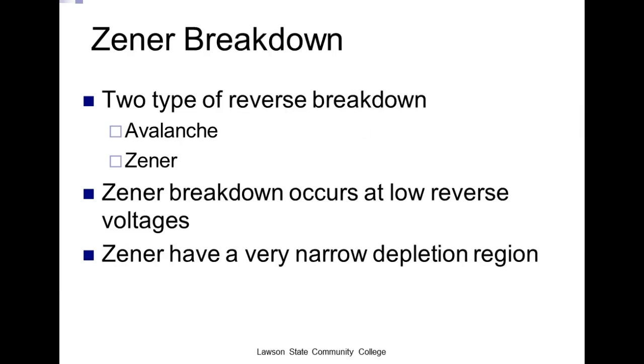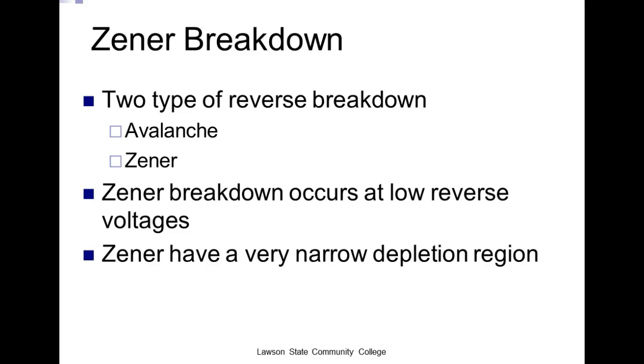I understand that from the two types of reverse breakdown. We have avalanche, which is bad, and then we have what we call Zener, and this is what we're going to use. Zener breakdown occurs, or breakover, I guess I should say, at a lower reverse voltage. These guys break over at 5 volts, 12 volts, 10 volts, and that's what we're going to use: that Zener voltage.